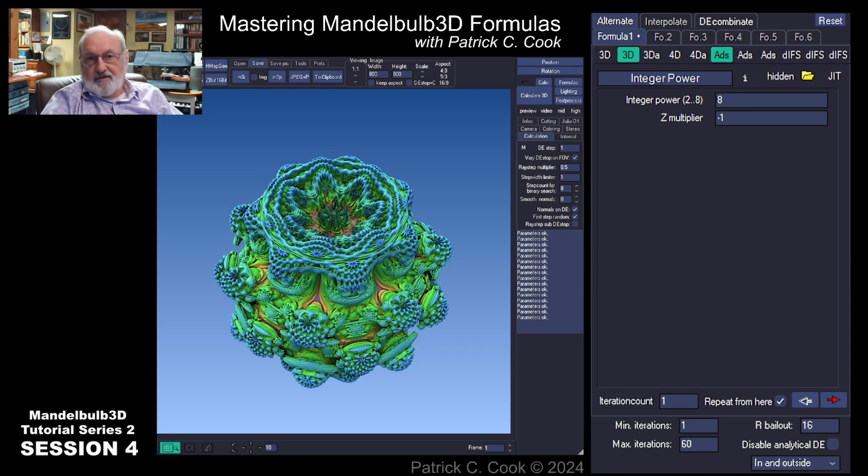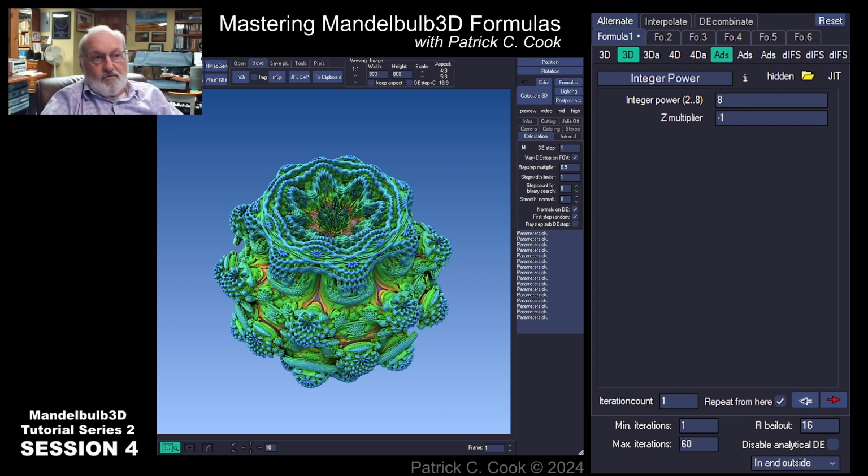In the previous session, I gave you a high-level overview of the formulas window. At the top are our hybrid modes. Below that, we have up to six formula slots that we can assign up to 6 formulas. Below that, we have the formula categories: 3D, 3DA, 4D, 4DA, ADS, which are transform formulas, dIFS, and dIFS transform.